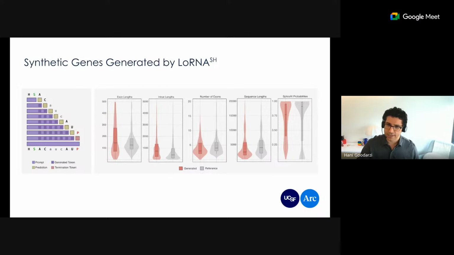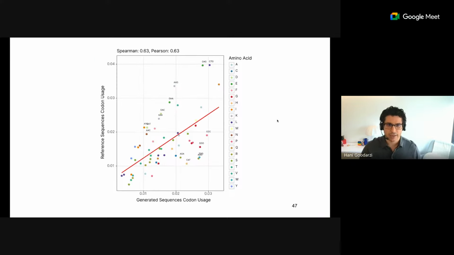Now, in all of this, the model has learned nothing about exons and coding sequence and proteins or anything like that. But it turns out it also learned that as well. So in these synthetic sequences, look at the codons, which are basically these 3 letters that code for proteins, for each of the amino acids. So you have 20 amino acids, but 64 codons, right?